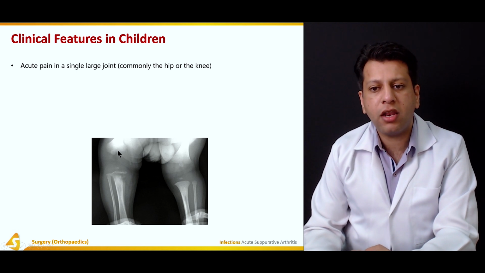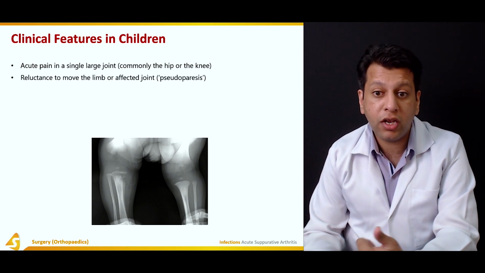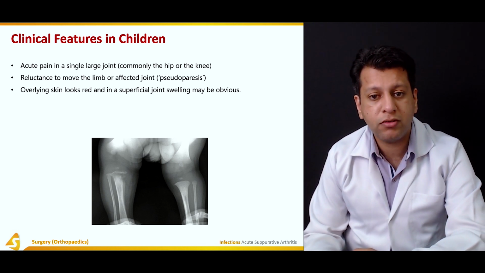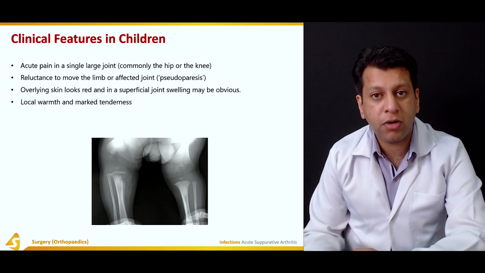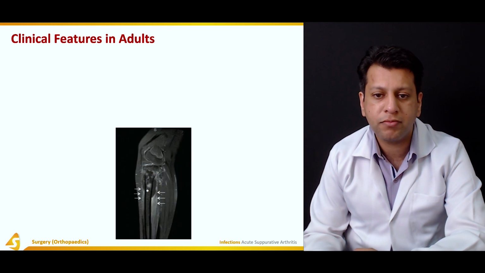Acute pain in a single large joint, commonly the hip or knee, as the hip and knee are most commonly affected. Reluctance to move the limb or affected joint. Overlying skin looks red, and a superficial joint swelling may be obvious. Local warmth and marked tenderness. All movements are restricted and often completely abolished by pain and spasm of the muscles.